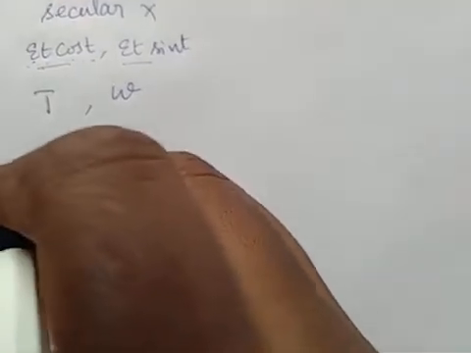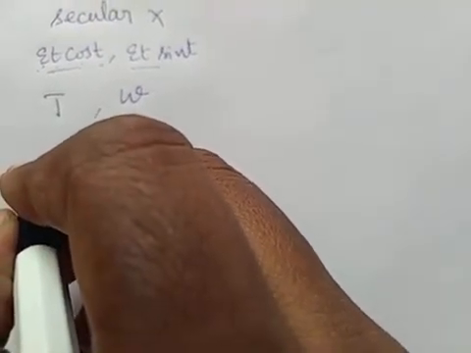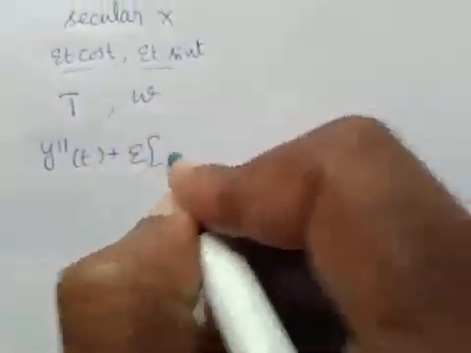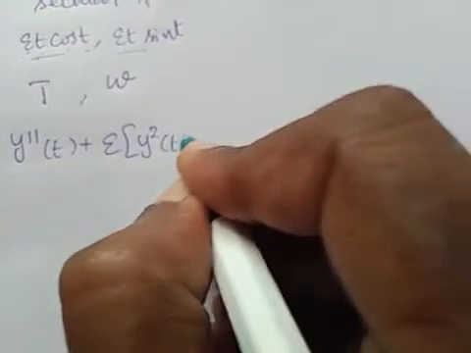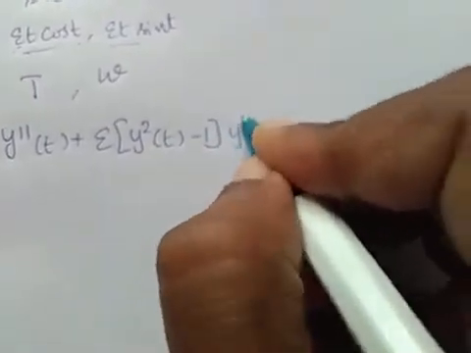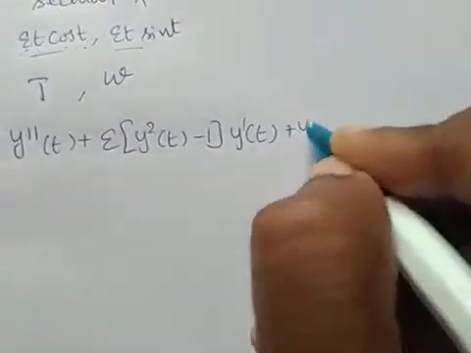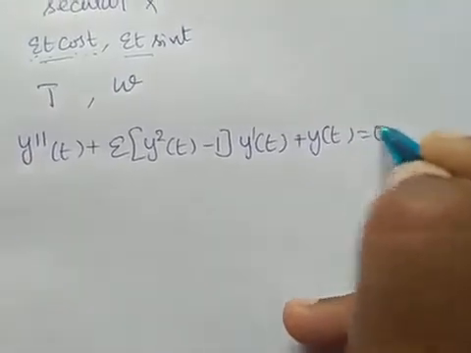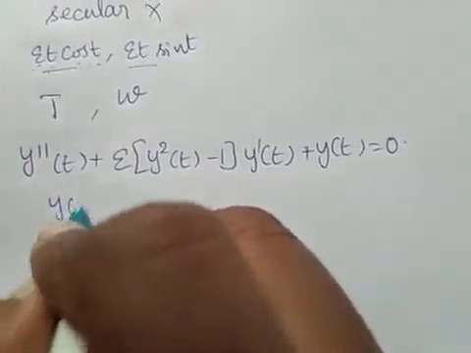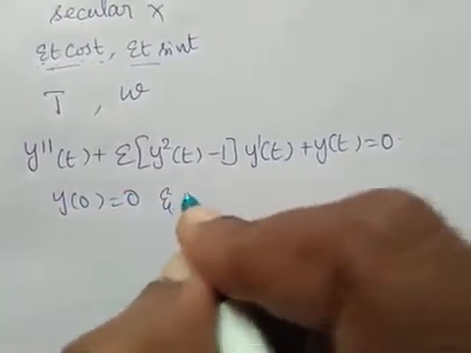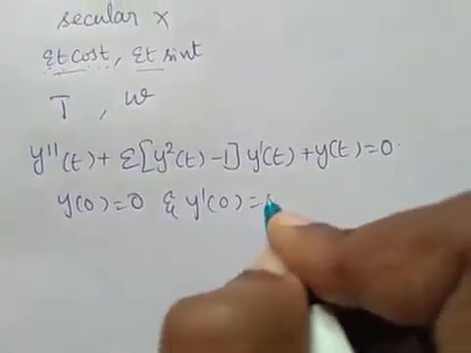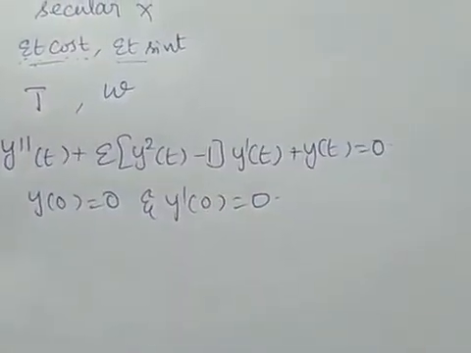So the van der Pol oscillator equation is y double dash of t plus epsilon into y square of t minus 1 into y dash of t plus y of t is equal to 0, where y of 0 equal to 0 and y dash of 0 equal to 0. This is our equation.